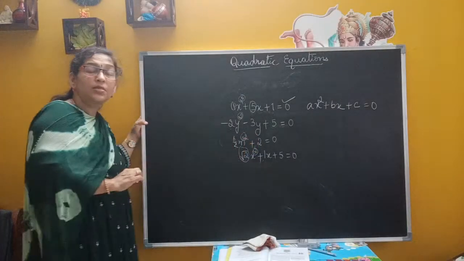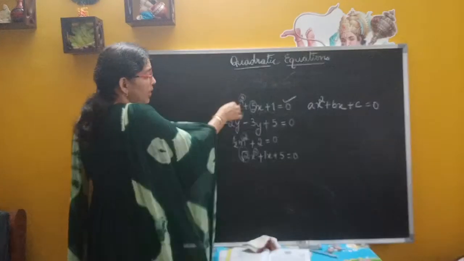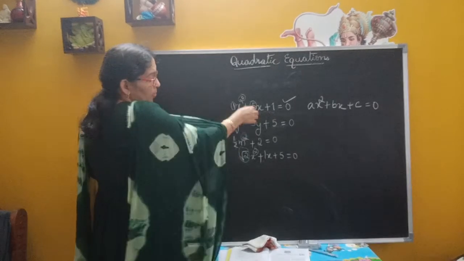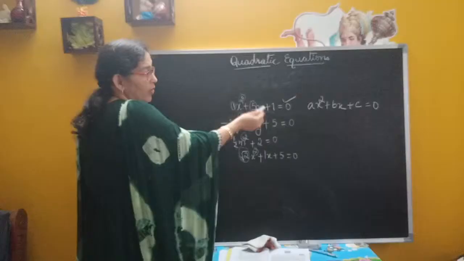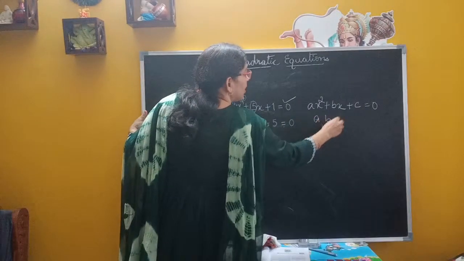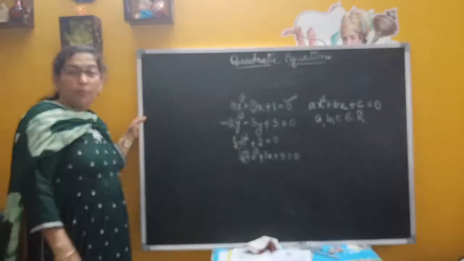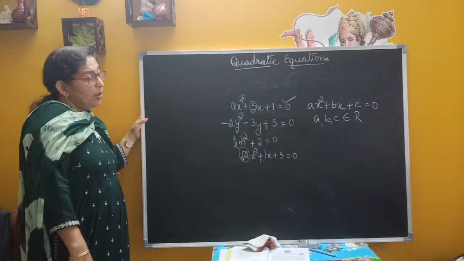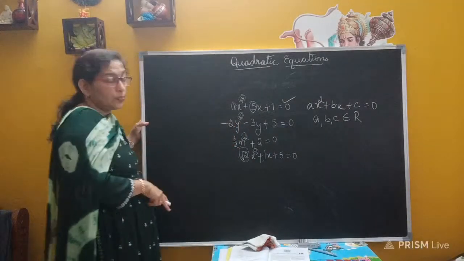Rational numbers and irrational numbers together make the set of real numbers. So a is a real number, b should also be a real number, and c also. Where a, b and c all should be real numbers, they belong to the set R. And what is the condition to be provided here?